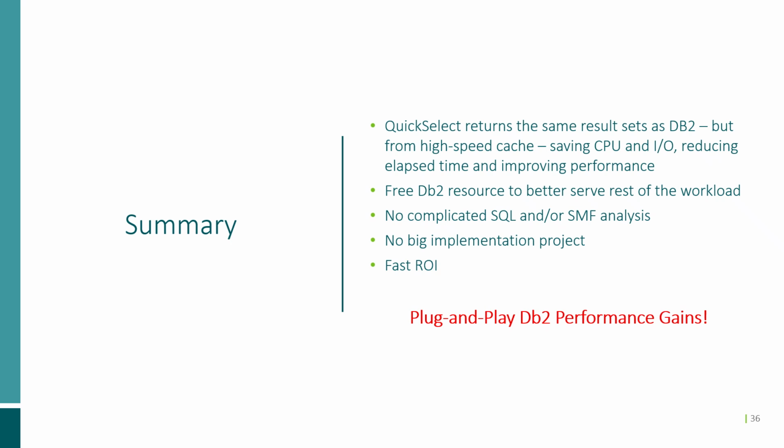There's no complicated project, no SQL analysis, no SMF analysis, no big implementation project. QuickSelect requires no changes to your environment, no changes to application code, no testing, no changes to JCL, no changes to your databases. It implements very quickly for immediate return on the investment, designed for plug-and-play Db2 performance gains.